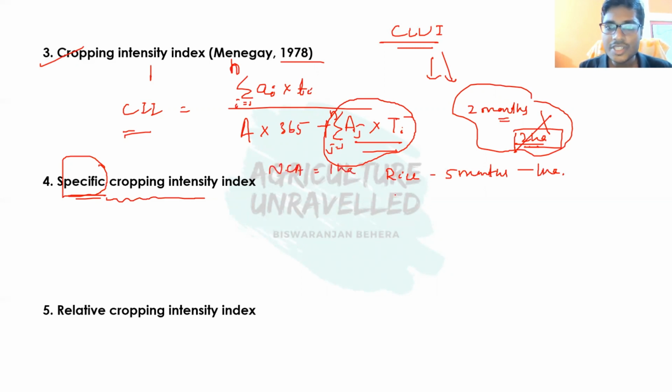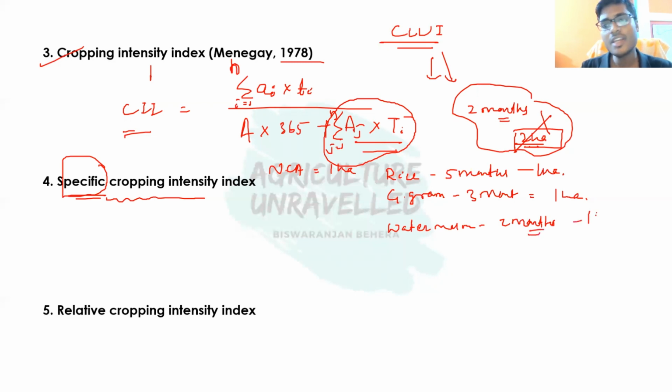Then in Rabi season, the farmer is growing green gram for a period of 3 months in the same 1 hectare land. Then in summer season, the farmer is growing watermelon, whose crop duration is 2 months, in 1 hectare land. So you see this example. The CLUI you have already calculated was 90%.